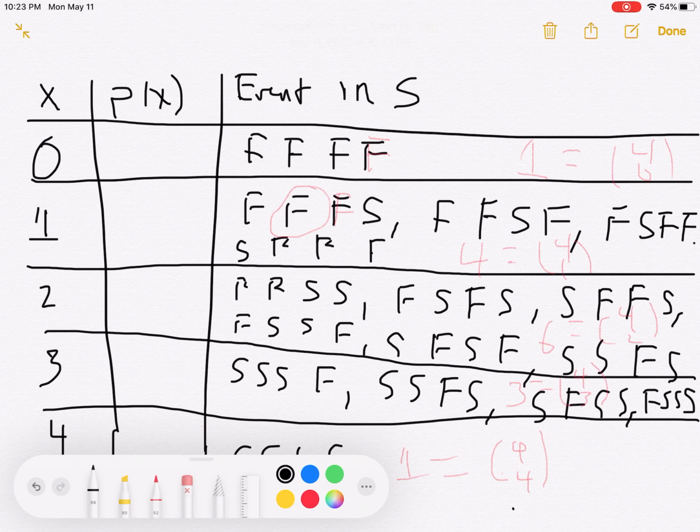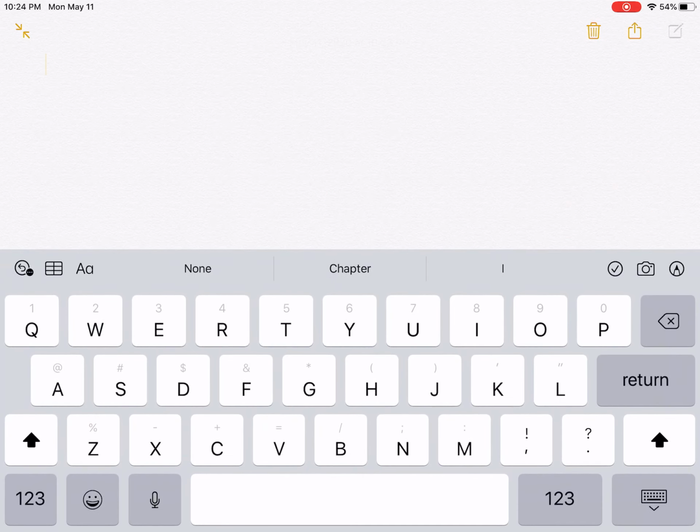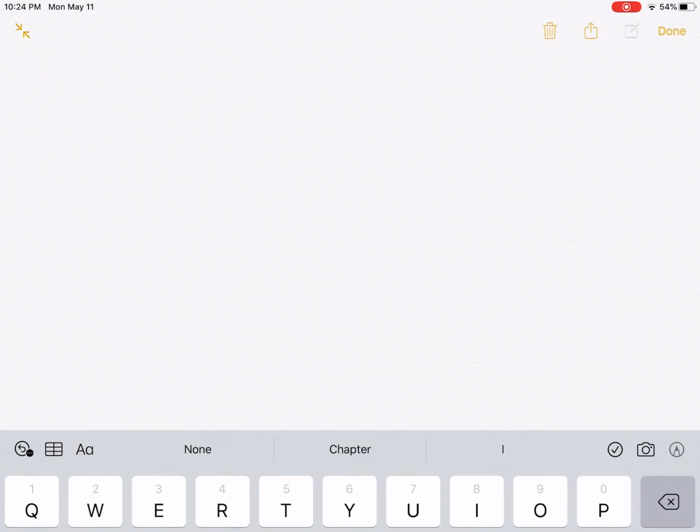Okay. Now let's do a calculation of probability. I'm going to do probability x equals 3 successes.